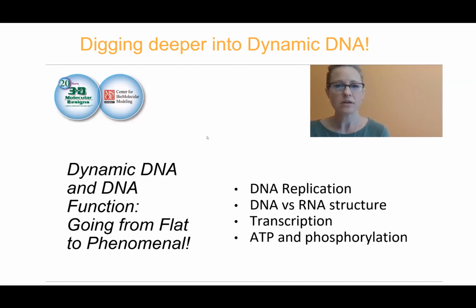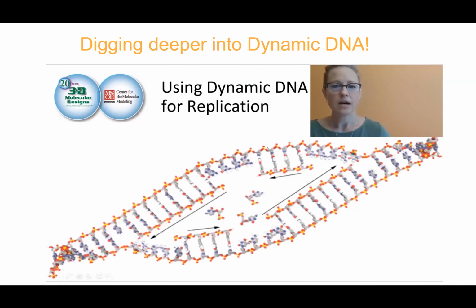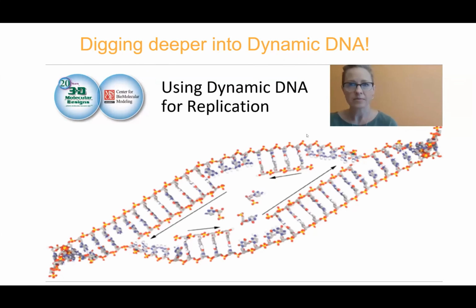And in doing so, show you that if you have a classroom set of dynamic DNA for DNA replication, it's fairly obvious to see how we can use the dynamic DNA kit for DNA replication.